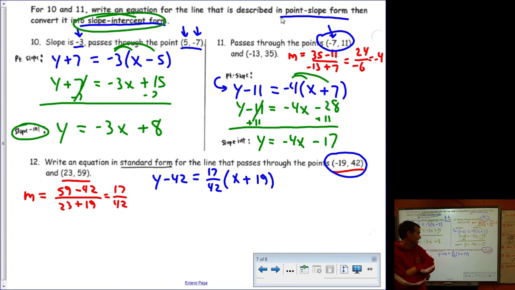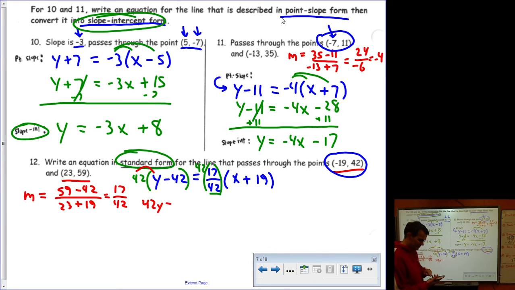All right, so the thing I'm going to do first is clear the fractions, right? This needs to go into standard form, and standard form is not allowed to have fractions in it. And I can clear the fractions by multiplying both sides by the common denominator. The common denominator is the 42. So this is going to be 42 times this side and 42 times this side. Well, over here, I get 42y minus 1,764.